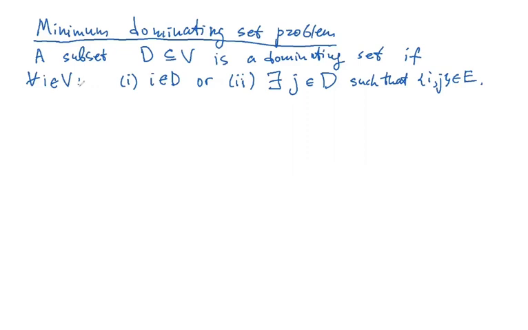And this is a classical problem, so it has applications in, for example, sensor placement. So you want to place a minimum number of sensors such that you can survey the whole network. And then the decision version of this problem, we'll call it dominating set.